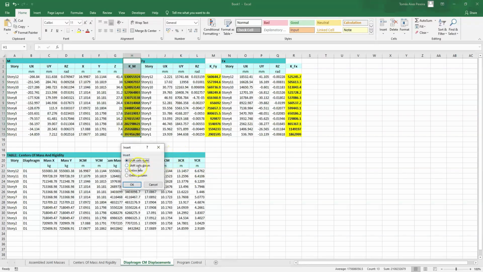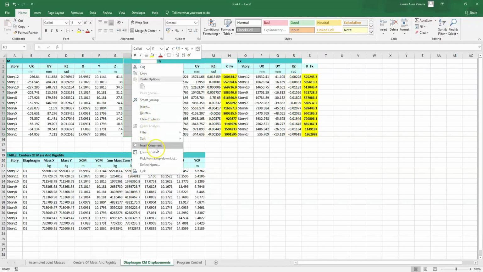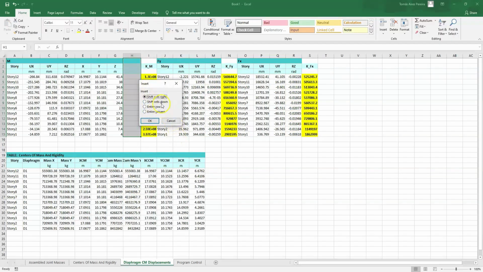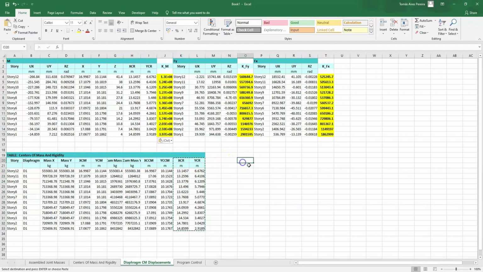The displacements at the center of stiffness will be equal to the displacements at the center of mass, plus an eccentricity times the rotation in z. This eccentricity is the distance between the coordinates of the center of stiffness minus the coordinate of the center of mass. What we have here is exactly building the expression.